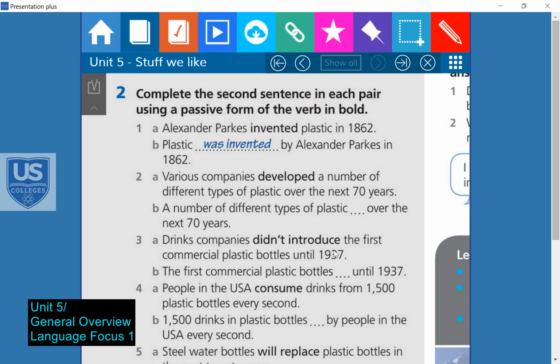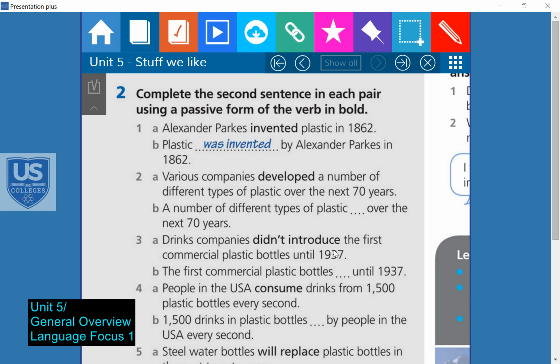Let's ask the what question to the sentence. What did various companies develop over the next 70 years? The answer, they developed a number of different types of plastic. So here I found the object of the active sentence by asking what question.